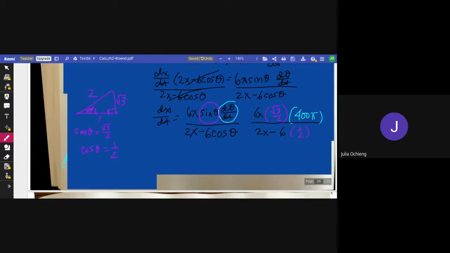So then I'm going to go ahead and simplify this. That's going to cross cancel with that to become 200 pi.